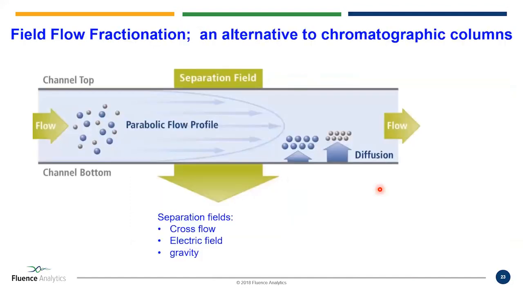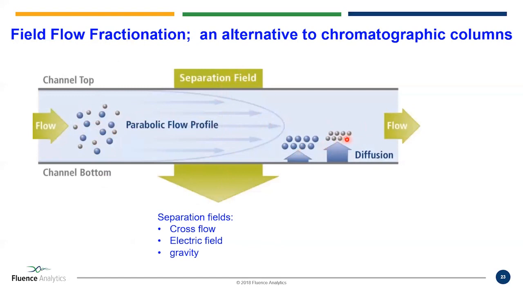And just as a parting shot from fractionation, field flow fractionation has had a long, painful history, but it's starting to emerge as a useful technique where you have no column at all, no packing material. You have your unfractionated material, you pump it through your channel, and then you have some kind of a field. And the simplest field is a cross flow of liquid, which will then separate you out again, big to small.